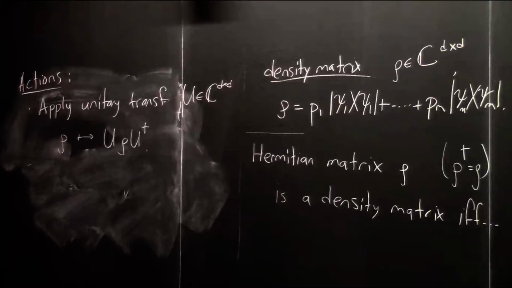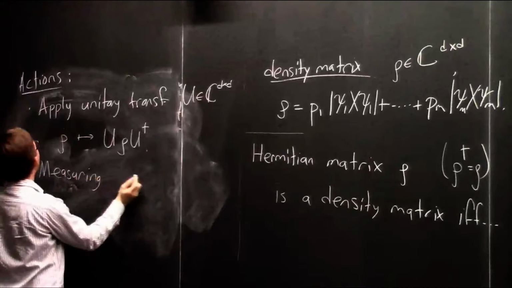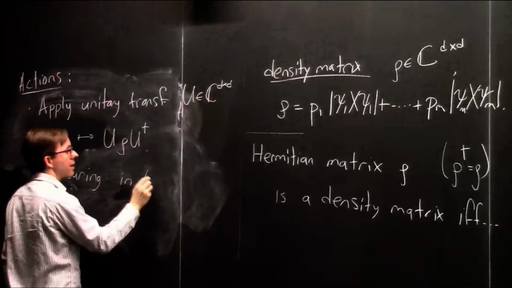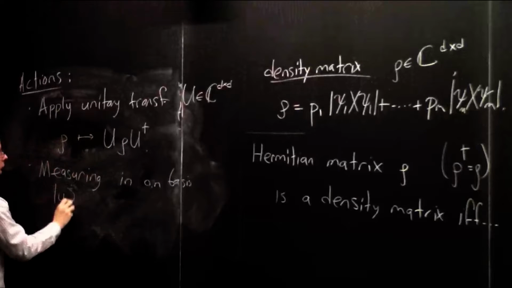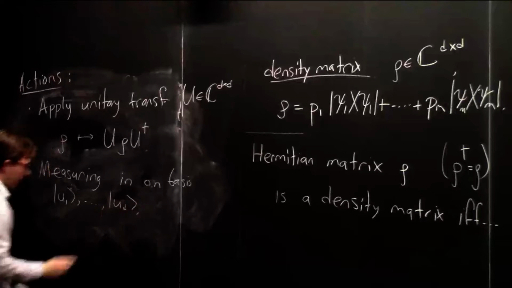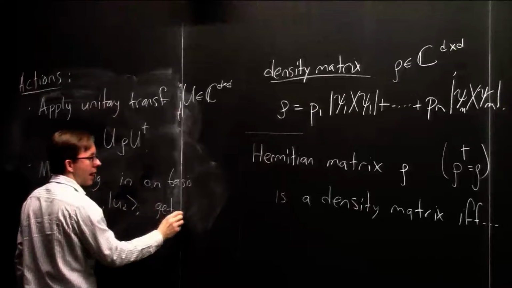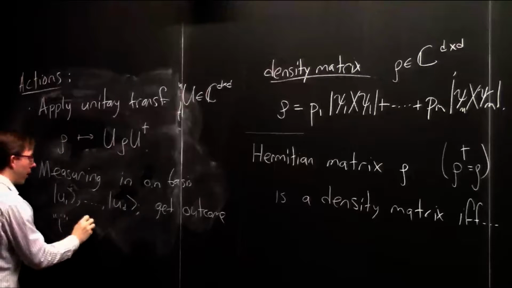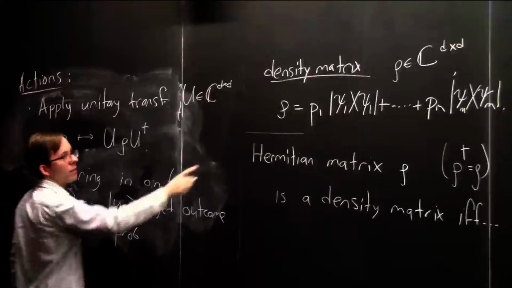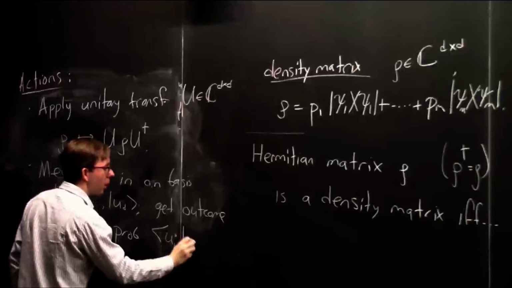Another thing we like to do is measure states. And in particular, you can measure in any orthonormal basis, as we know. And one thing that we saw last time is if you measure in an orthonormal basis, let's say U1 through UD, then your measuring device gets the outcome or readout i with probability something that looks like that thing that showed up in the definition of positivity, bra U_i times rho times U_i.